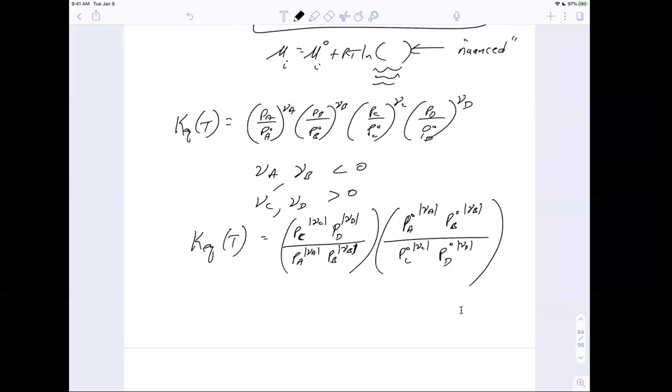Okay. So this may be something that you've seen before. If all P sub i is equal to 1 bar, what happens is that the second term is just 1, because everything is 1 bar, 1 bar, 1 bar.